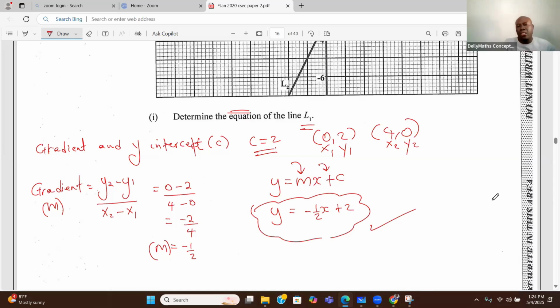That's the equation of the line. All you need to do is find the gradient and the y-intercept. So you could make a note that as long as you're going to find the equation of any line, what you really need is the gradient and the y-intercept.